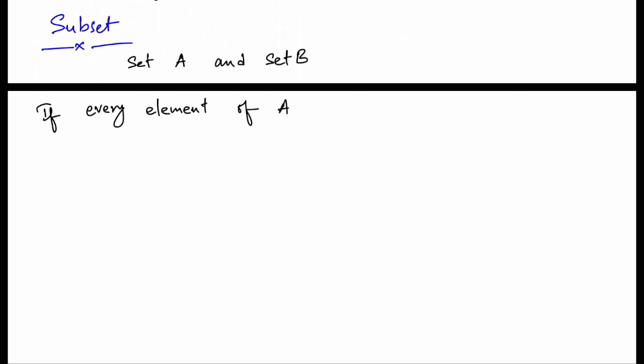Let there be two sets, set A and set B. Now, if every element of A is also an element of B, what have I said?